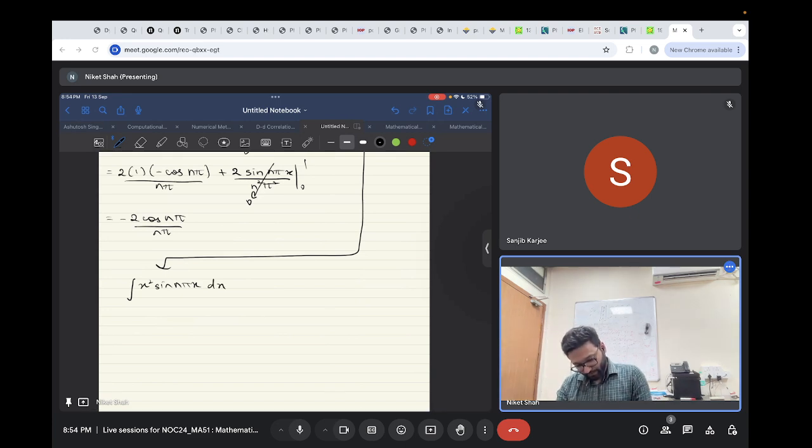Again the same drill. x squared times minus cos(n pi x) divided by n pi, from 0 to 1, minus the integral of 2x times minus cos(n pi x) by n pi dx.